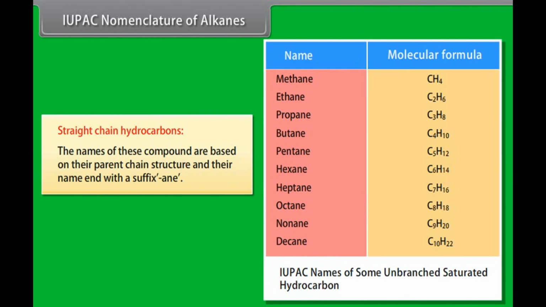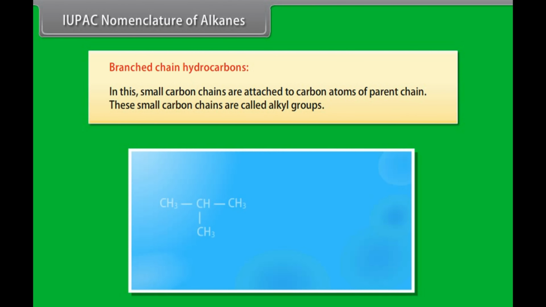IUPAC nomenclature of alkanes. Straight chain hydrocarbons. The names of these compounds are based on their parent chain structure and their name ends with the suffix ANE. Branched chain hydrocarbons. In this, small carbon chains are attached to carbon atoms of the parent chain.